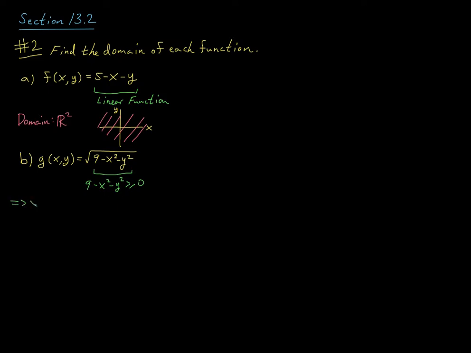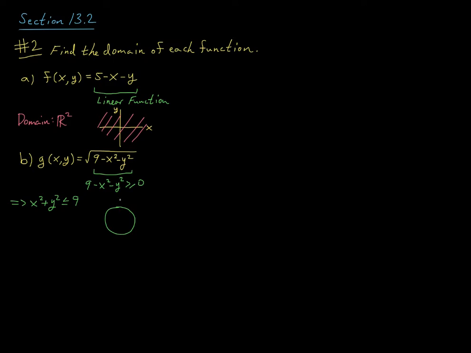So this is equivalent to saying that x squared plus y squared has to be less than or equal to 9. So what is this describing? Well, if x squared plus y squared were equal to 9, that would just be a circle of radius 3.